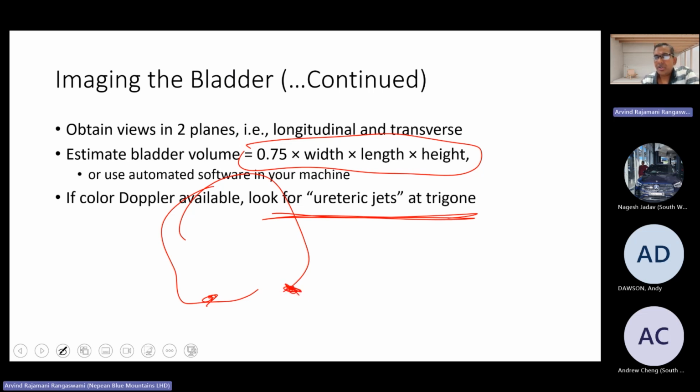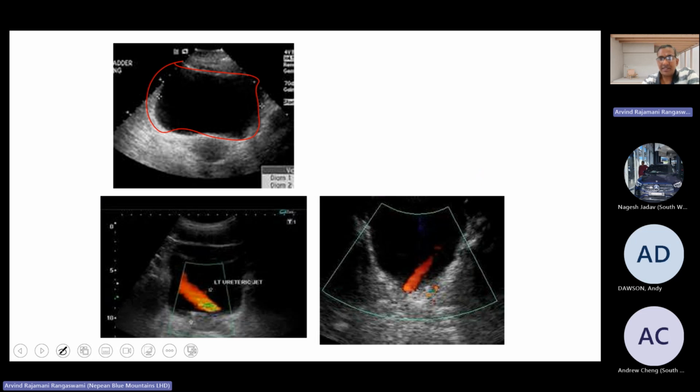If you put color Doppler on and reduce the scale, you could potentially identify the flow of urine coming from the ureter into the bladder. And if you see it, it's a very cool, goosebumps kind of thing.